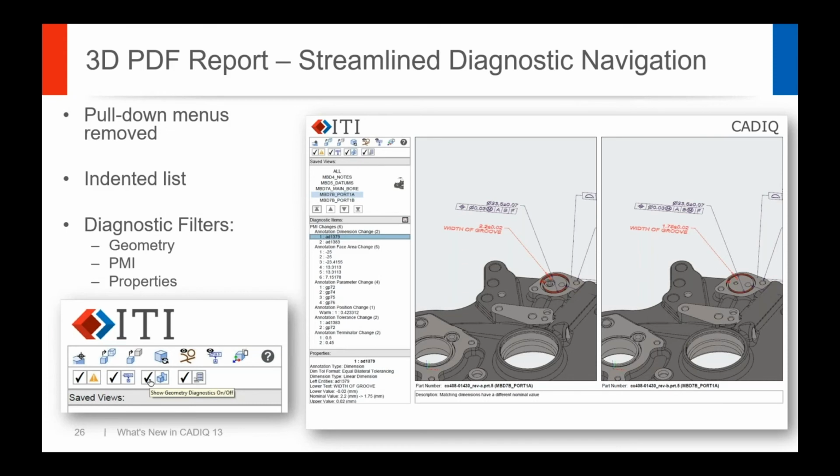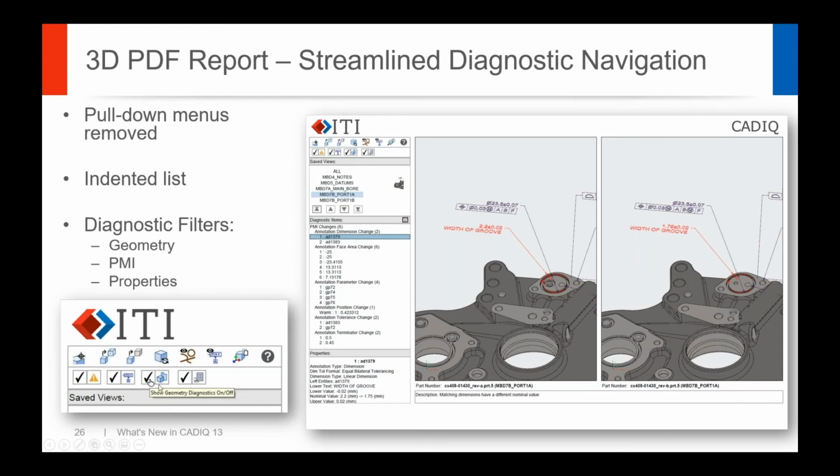Now, depending on the model that you're working on and how many changes or defects may exist in that validation, sometimes that list of items can get kind of long. So in that case, we're also providing some filters for these diagnostics, and there's basically 3 levels of filters based upon whether it's geometry, PMI, or some sort of model properties or attributes.